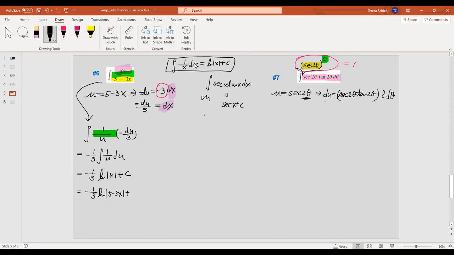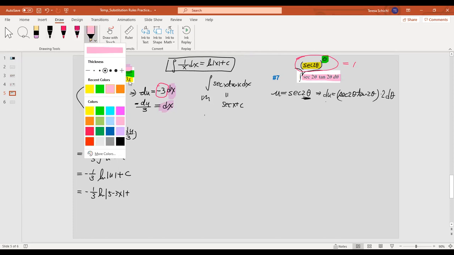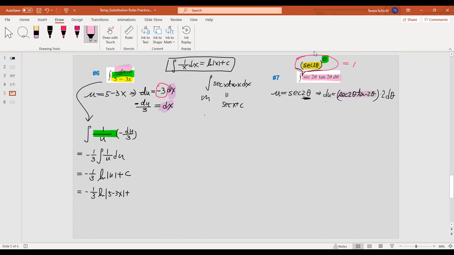Okay, so now let's try to highlight. All right, so in here, the light purple is your potential du. So it's secant 2 theta tangent 2 theta, and the d theta. Oh, yes, that's good. And I only have an extra constant, but a constant is okay.